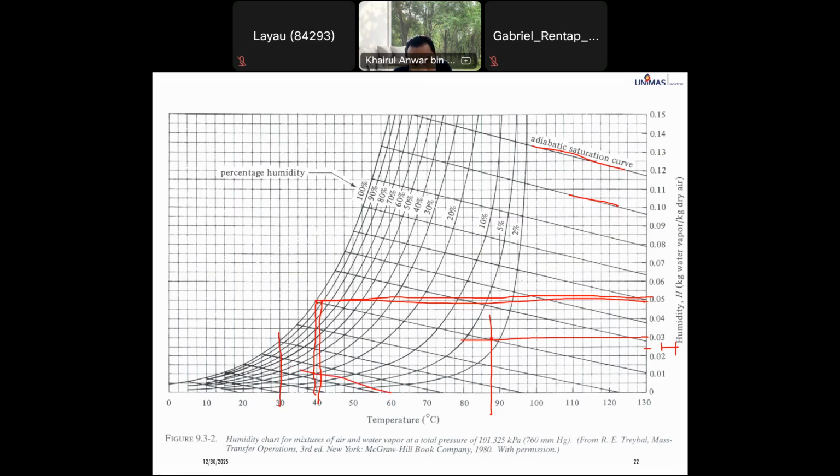Follow this saturation curve, then you get 0.0135. Actually, this is how it's done.